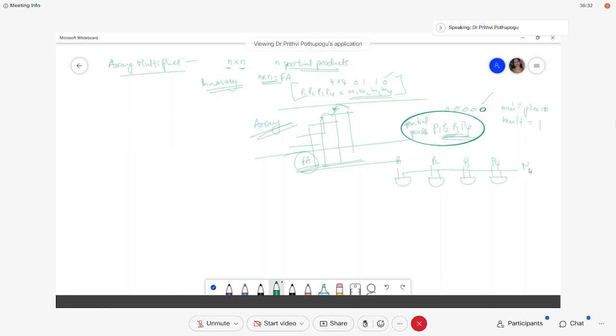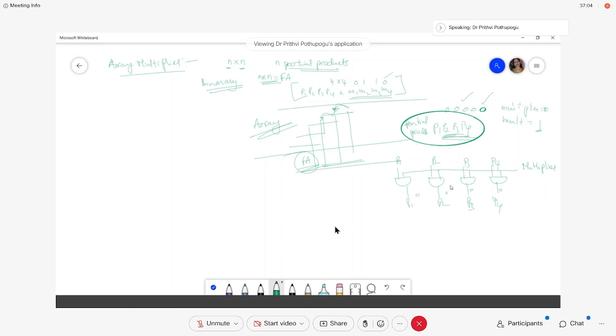Yes, ma'am. For getting either all zeros or the partial product, I said if the multiplier bit is 0, all these elements will be 0. If the multiplier bit is 1, then this will be P1, P2, P3 and P4. That means now this segment, I'm able to generate the partial product.